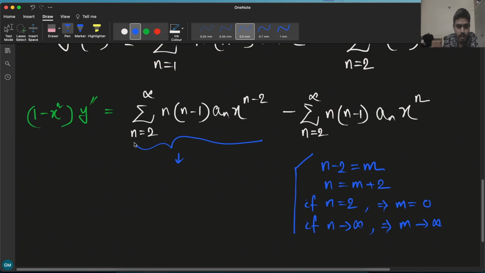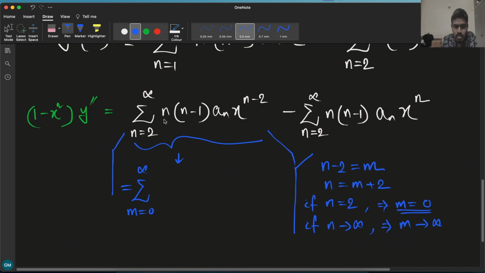For the first term, only this term, it is a sum over m equals 0 to infinity.